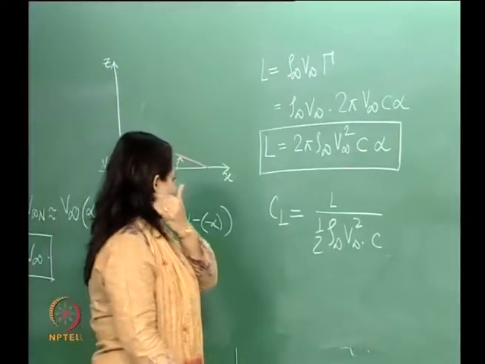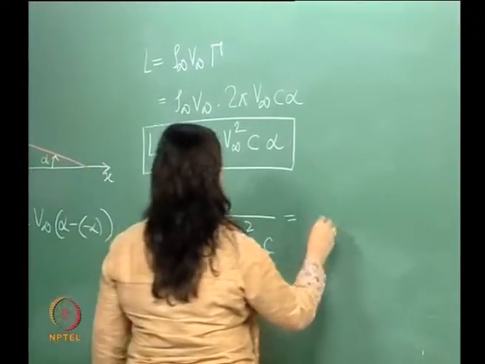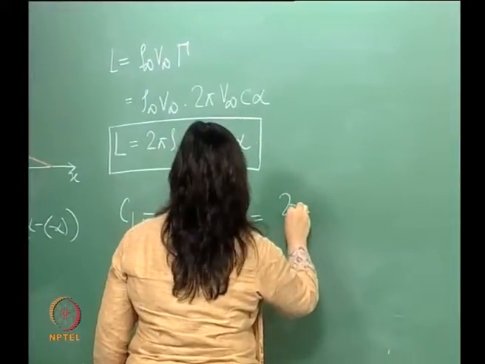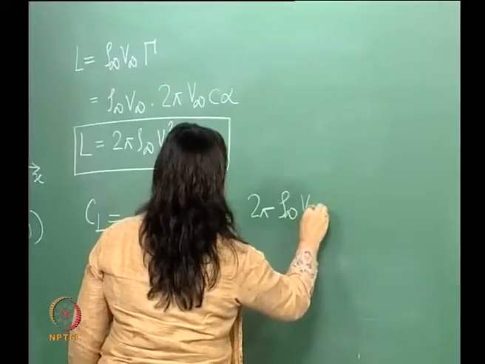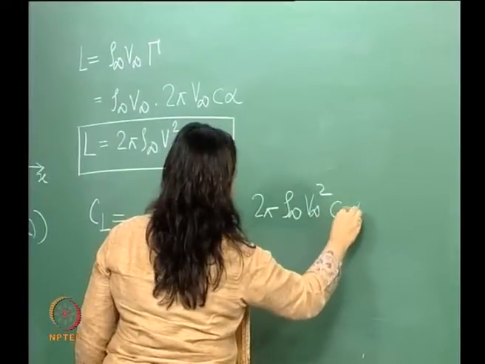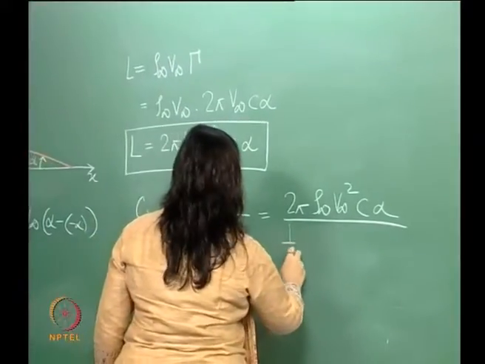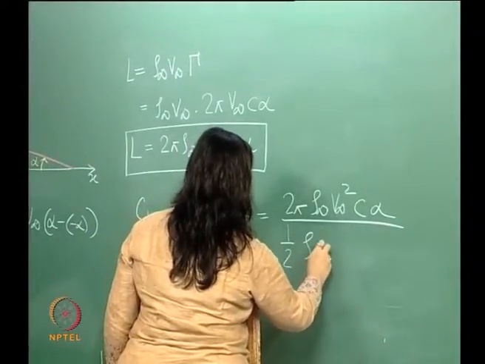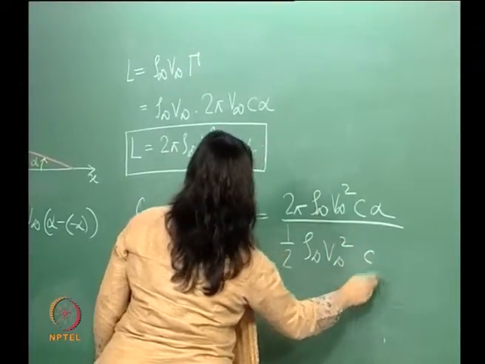So, we get 2 pi rho infinity v infinity square c alpha over half rho infinity v infinity square into c.